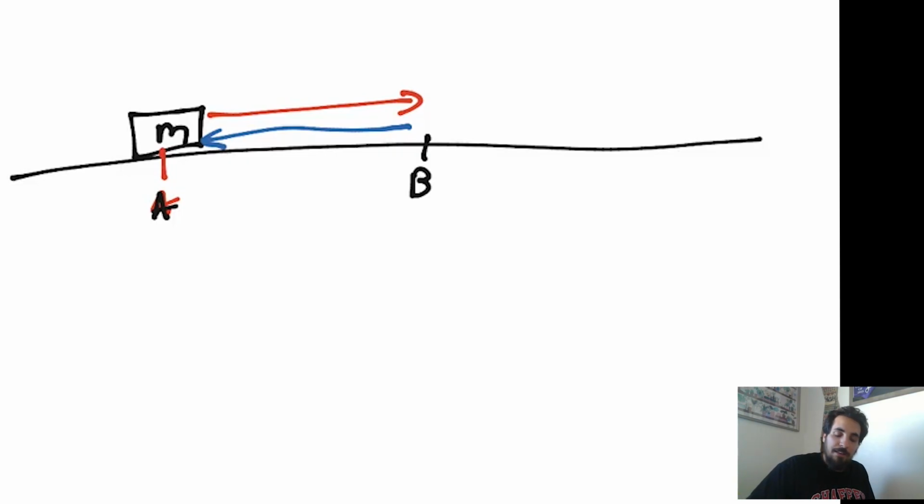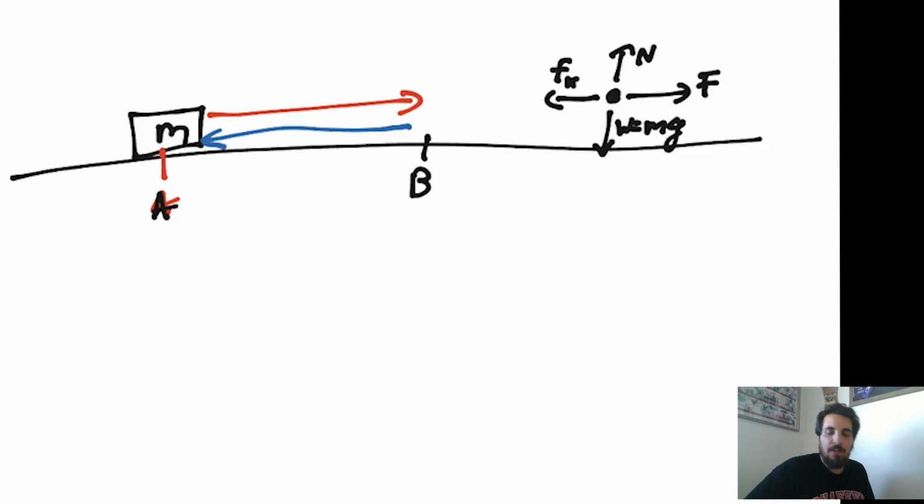During its path, it is going to have several forces acting on it. It's obviously going to have the weight acting on it, which is mg. We have the normal force acting on it. We have some sort of a push that I'll just label as F. And then we also have a friction force pulling it backwards.